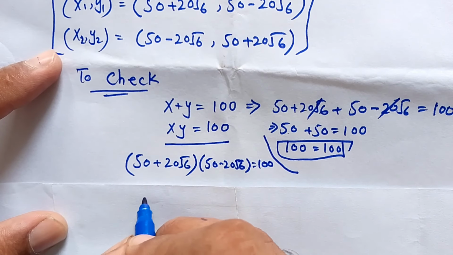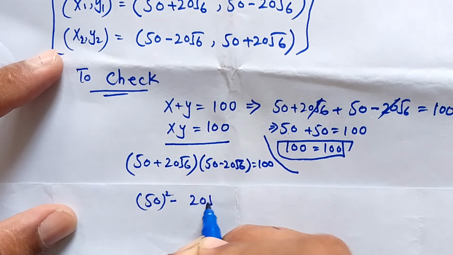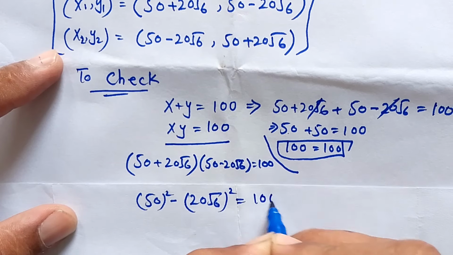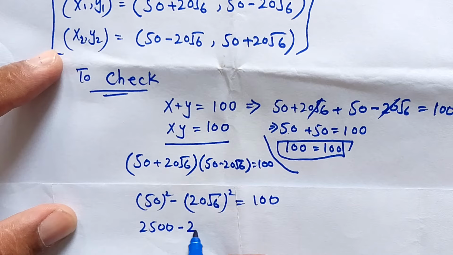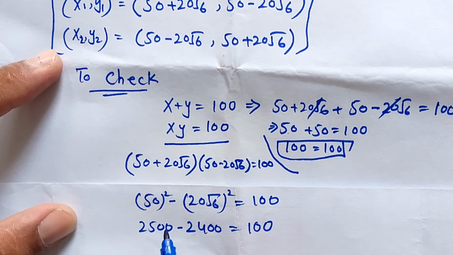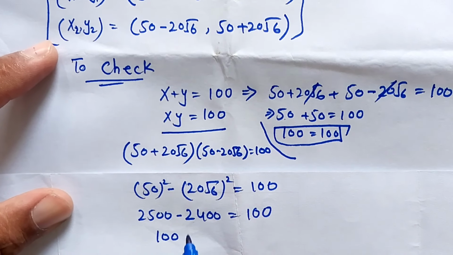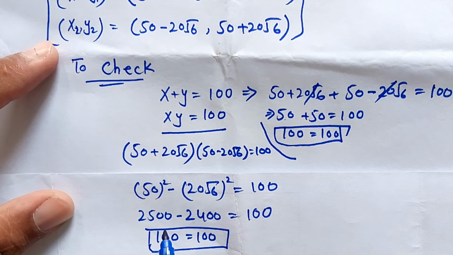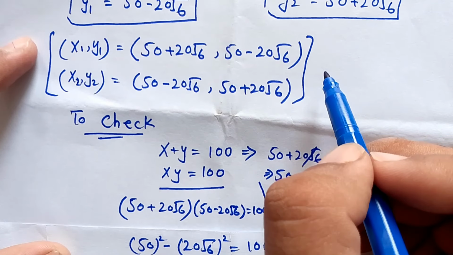So this will become 50 square minus 20 square root of 6 whole square, which is equal to 100. So this is 2500 and this is 2400. Now 2500 minus 2400 is 100, which is equal to 100. So this shows that the left hand side and the right hand side are equal. So these values of x and y are the correct values for this interesting question.